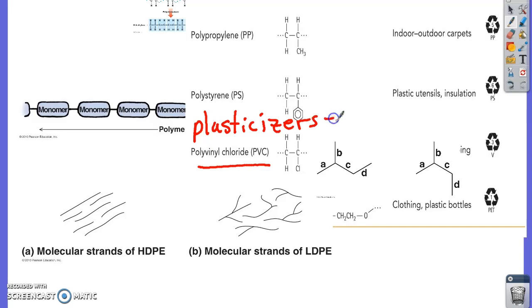Some of these chemicals that they added were phthalates. That's spelled with PH's and TH's. Some of these phthalates were shown to be dangerous.